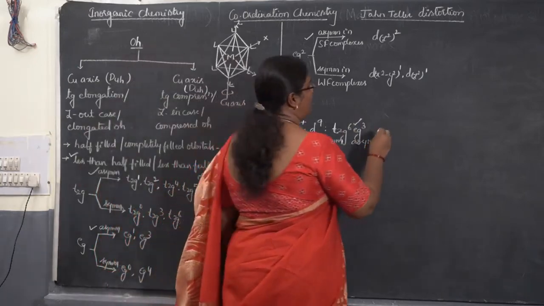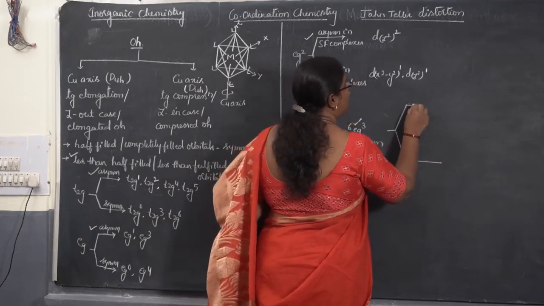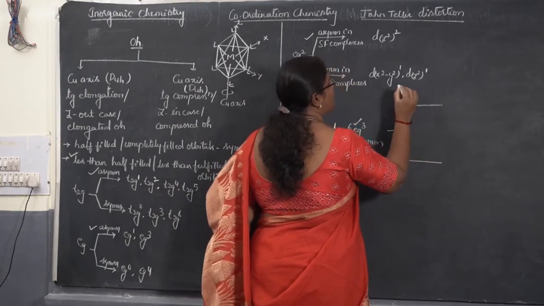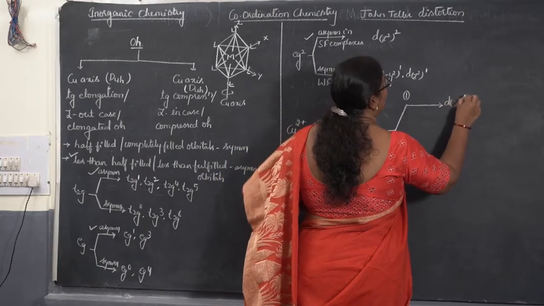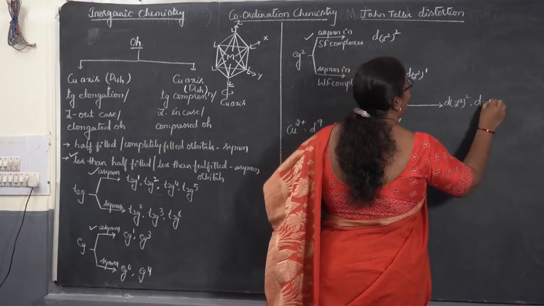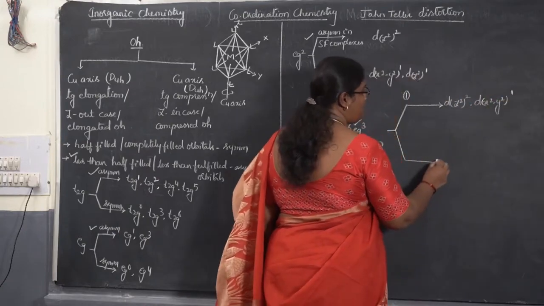And this eg3 configuration we can represent in two ways. The first way of representation is we can take two electrons in dz square, one electron in dx square minus y square.